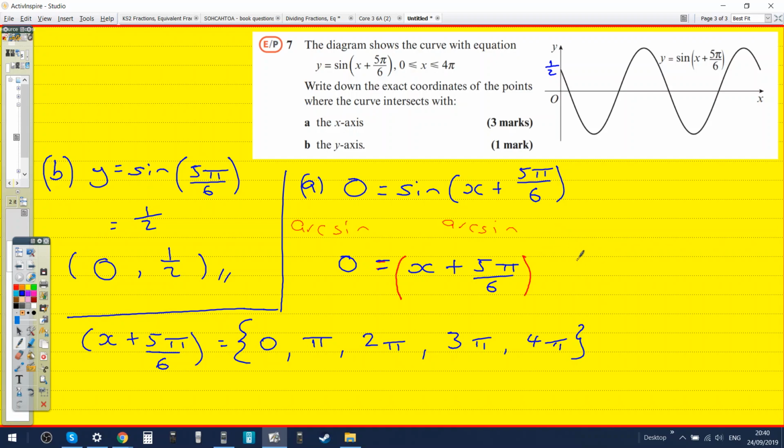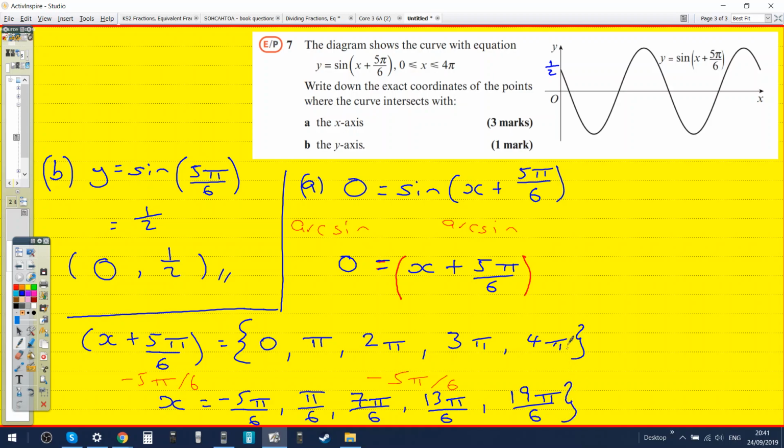And then from each of those, you subtract 5 pi over 6? Yeah. So pi over 6, 7 pi over 6, 13 pi over 6, 19 pi over 6.